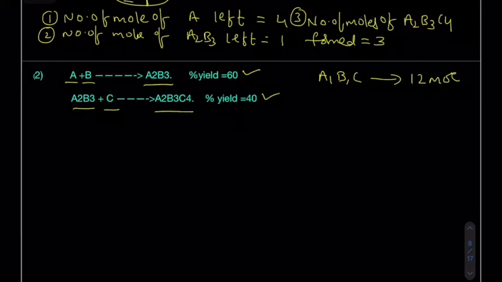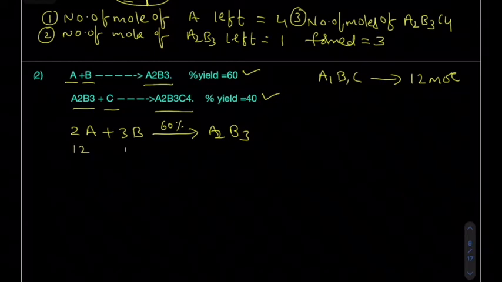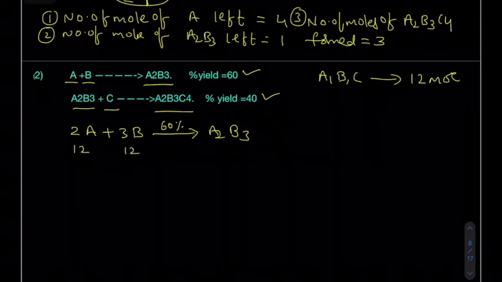Now I am writing the equation 2A plus 3B become A2B3. Here there is a 60% yield of the reaction. This is very important. Here 12 moles of A, 12 moles of B, no product formed.